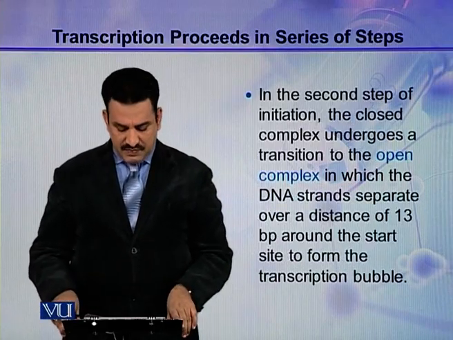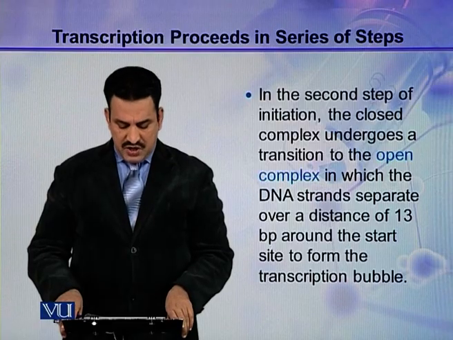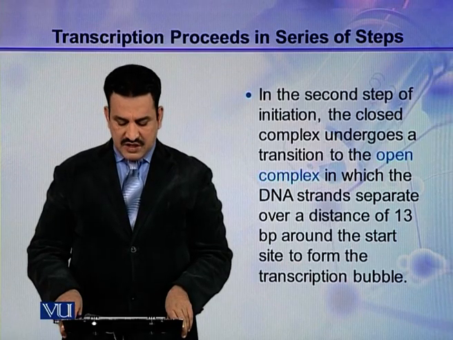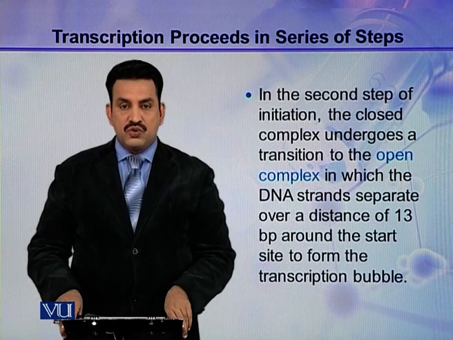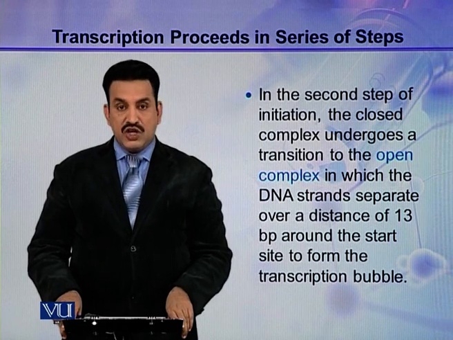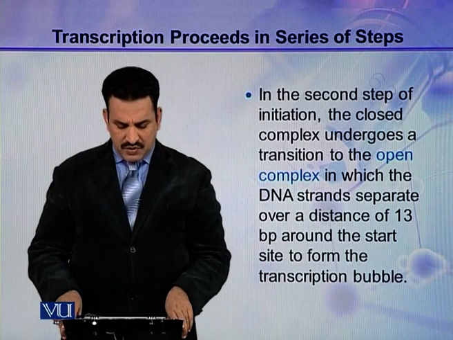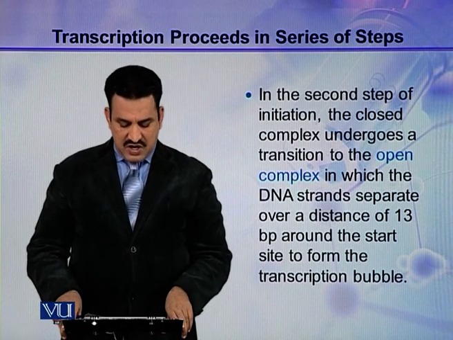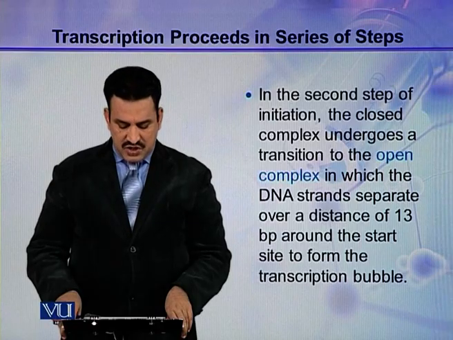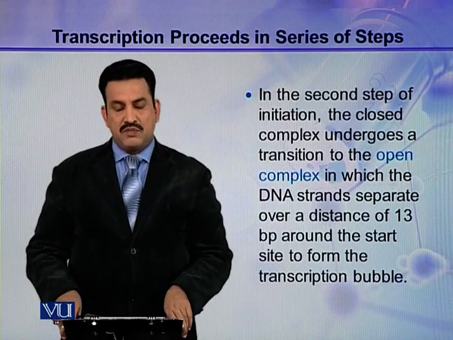In the second step of initiation, the closed complex undergoes a transition to the open complex, in which the DNA strands separate over a distance of about 13 base pairs around the start site to form the transcription bubble.